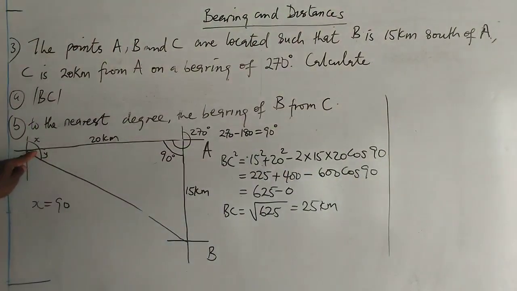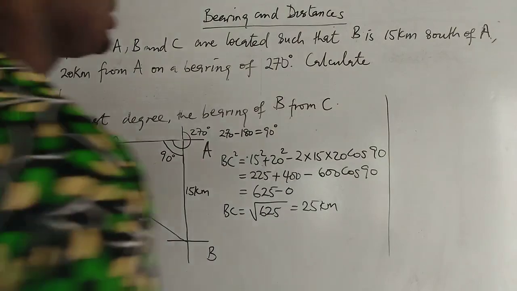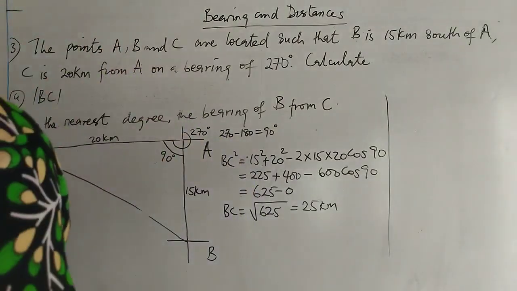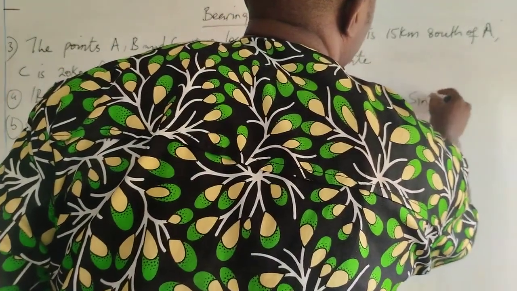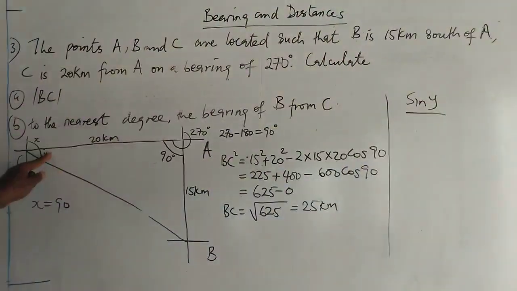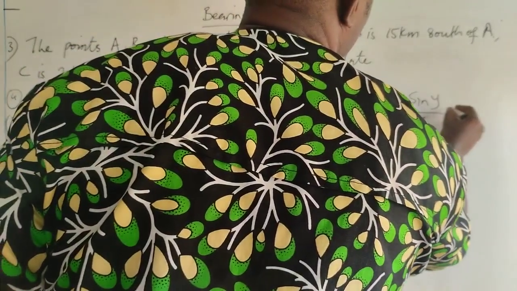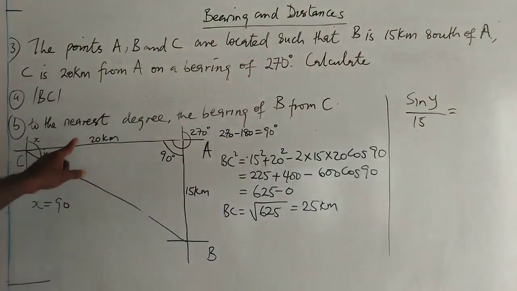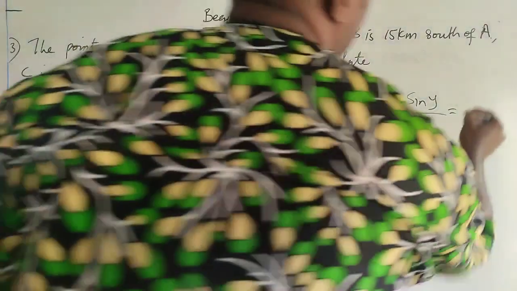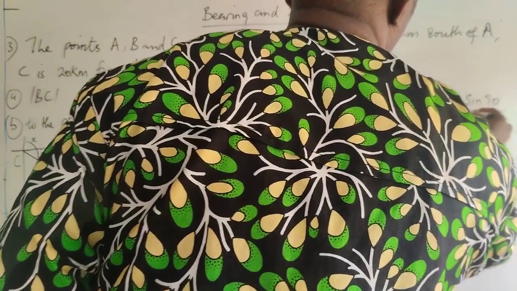So I will now say sine C, which is sine Y, which is only this portion, over the side facing it, 15, is equals to sine 90 over 25.